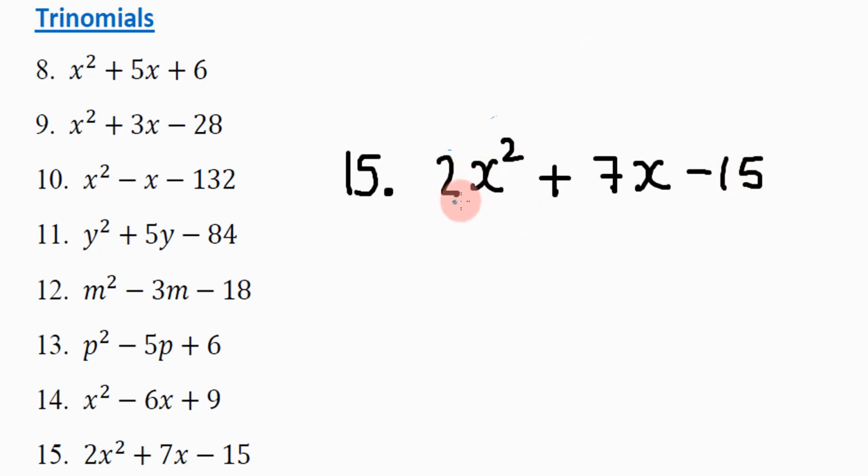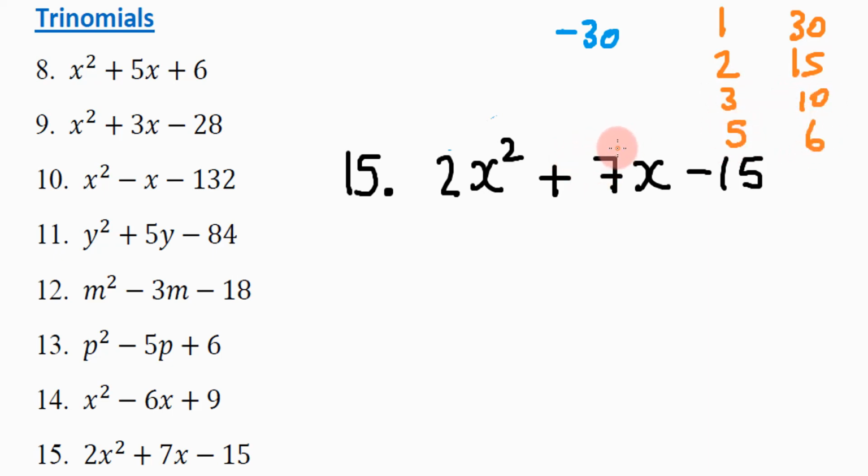So 2 times negative 15 is negative 30. Now we look for the factors of 30. So it's 1 and 30, 2 and 15, 3 and 10, and 5 and 6.